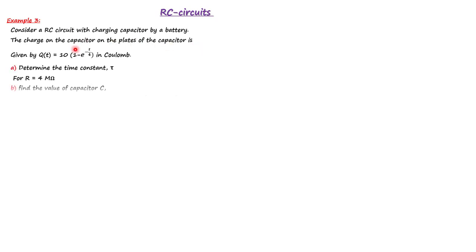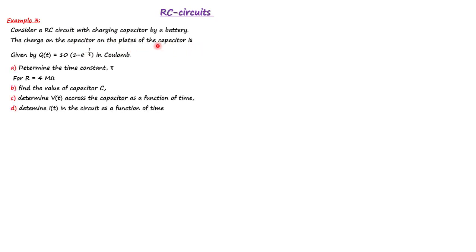So in the third example, we have a charging process. So the charge on the plates of the capacitor is given by this equation, which is in coulomb. First, we are going to find out the time constant. Then for R equal to 4 mega ohm, or 4 times 10 to 6 ohm, we're going to find the value of the capacitor, and we're going to determine Vc, the potential across the capacitor as a function of time, and the current as a function of time.